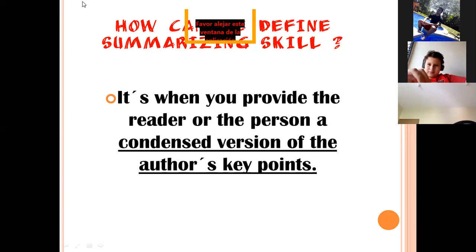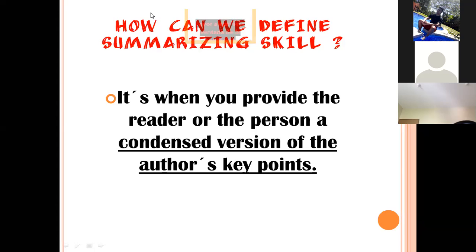So you can copy. When you finish, please write in the chat if you finish it. All right. It's when you provide or you give the reader or the person a condensed version of the author's key points. So in simple words, you select the main ideas of any reading, any article, any document, any topic, etc. Okay, did you finish, guys?